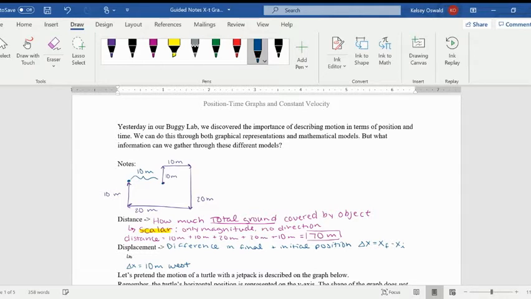Because we take into account direction with displacement, we're going to call this a vector quantity. Okay, so unlike scalars, vectors have magnitude, so a value, and direction. So with displacement and vectors, we can include negative signs here.